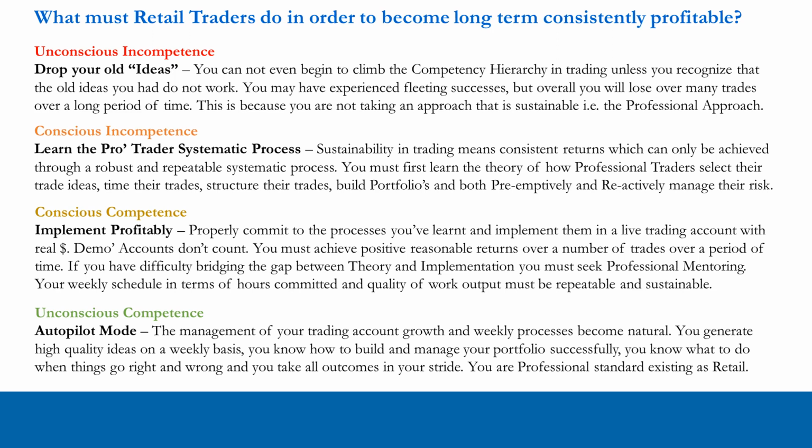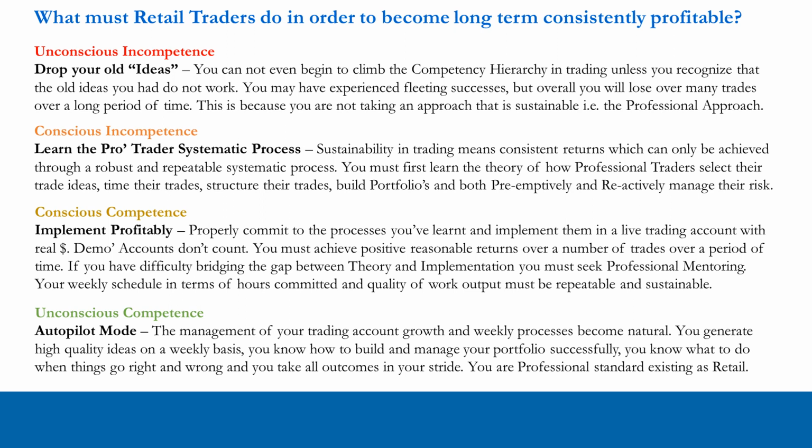Conscious incompetence, understanding that sustainability in trading means consistent returns, which can only be achieved through a robust and repeatable systematic process. And what you've actually got to do to do this and stay at conscious incompetence and not drop back into your old habits, okay?